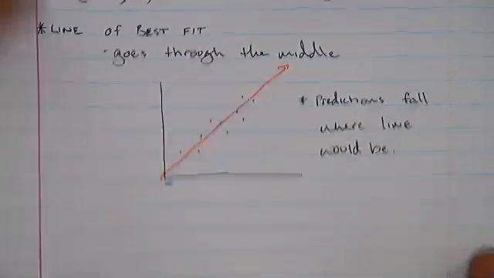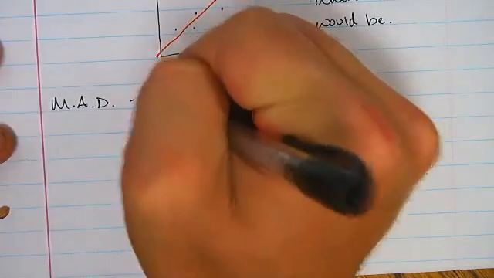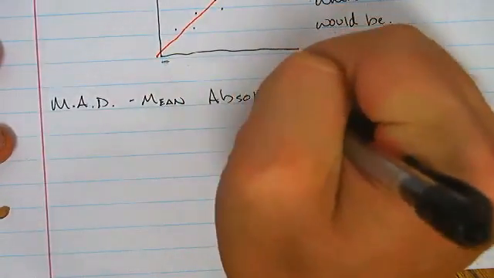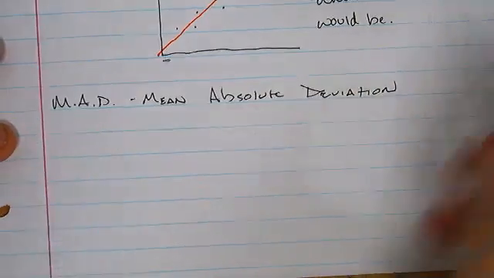Curved or scattered are nonlinear graphs. And the last thing again is just that MAD, M-A-D, which is mean absolute deviation. And guys, don't make this any harder than it has to be. We're going to write down the steps.